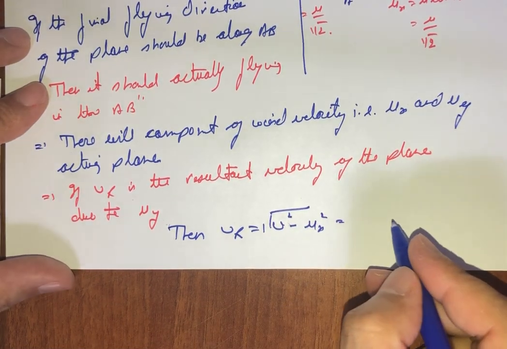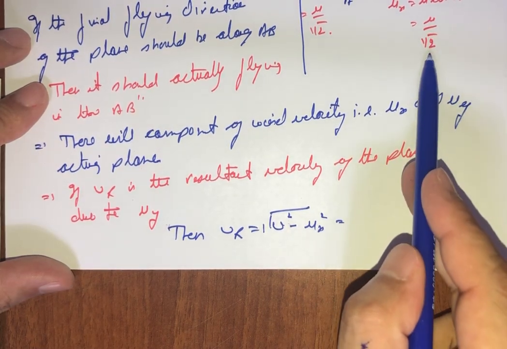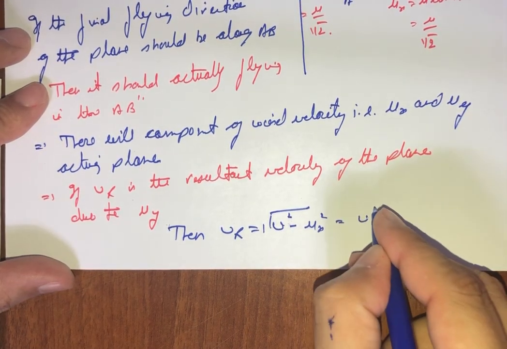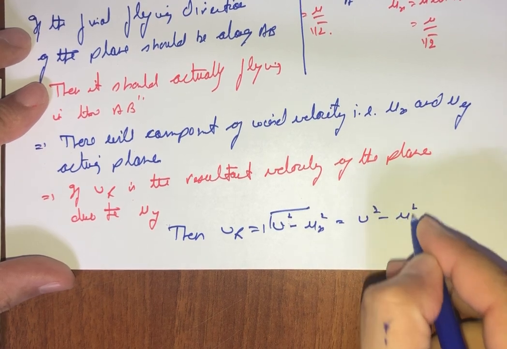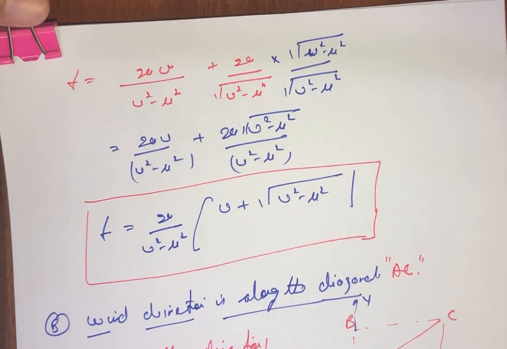So we put the value of ux as u upon square root of 2, so we get square root of v square minus u square divided by 2. Okay, so we found out that vr is this.